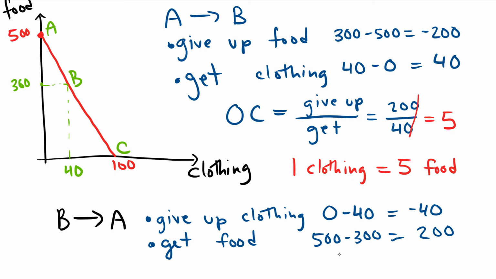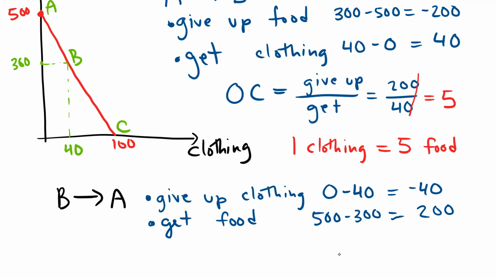And then remember, for opportunity cost, we put what we give up compared to what we get. So that's going to be 40 compared to 200. A 4 goes into top and bottom, so we can divide top and bottom by 4, and we get 1/5.